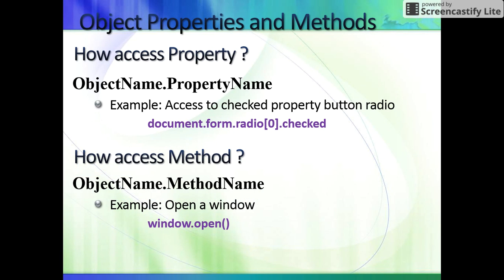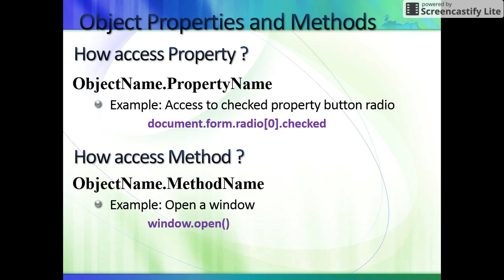Each object has properties and methods. Properties are characteristics and methods are actions. In order to access properties, we write the object name followed by the property name, separated by a point. For example, the property checked could have a value true if a radio button is checked or false if it is not.